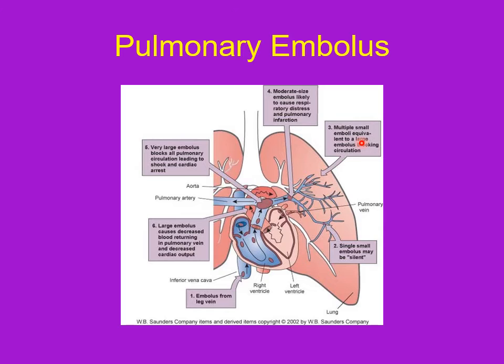Multiple small emboli are equivalent to a large embolus blocking circulation. A moderate size embolus may cause respiratory distress and pulmonary infarction, and a very large embolus blocks all pulmonary circulation, leading to shock and cardiac arrest. A large embolus causes decreased blood returning in the pulmonary vein and decreased cardiac output, and can result in circulatory failure.